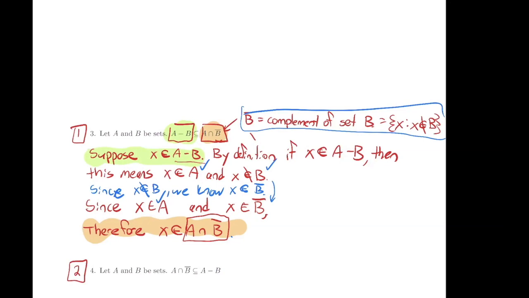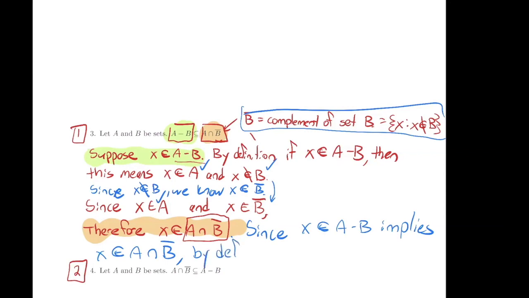And then I do think it is nice to summarize what you just did with one last sentence. For example, since X is in this set, that implies that X is in the other set, then that is the definition of subset.